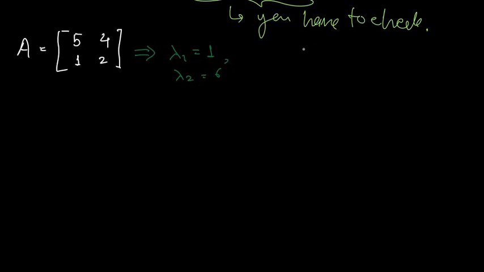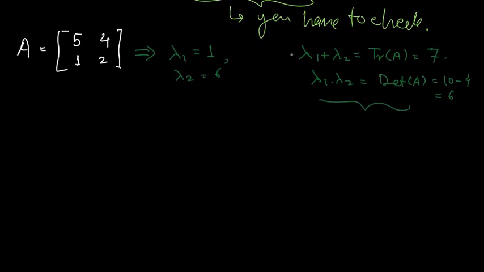Let's do a quick check: lambda 1 plus lambda 2 is the trace of A, that is 5 plus 2, 7. The product of the eigenvalues is the determinant of A, that is 10 minus 4, which is 6. You can solve these two equations and you will get this.